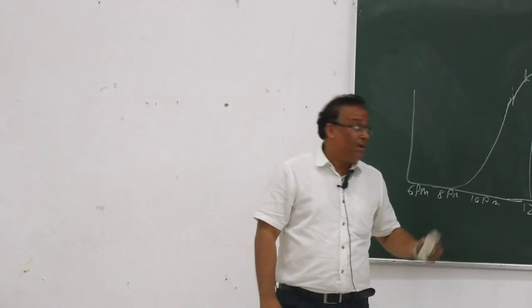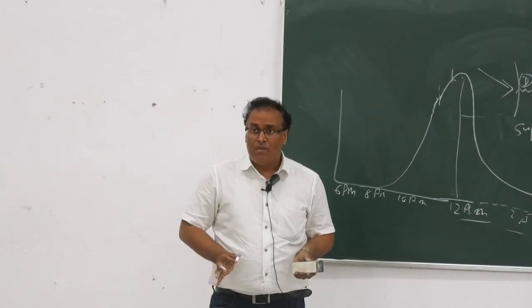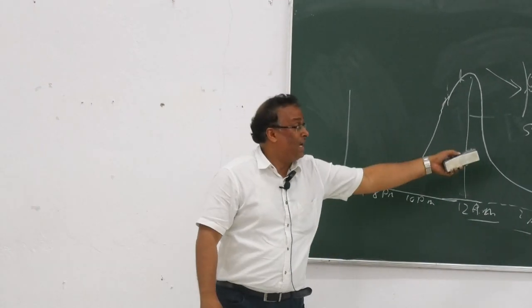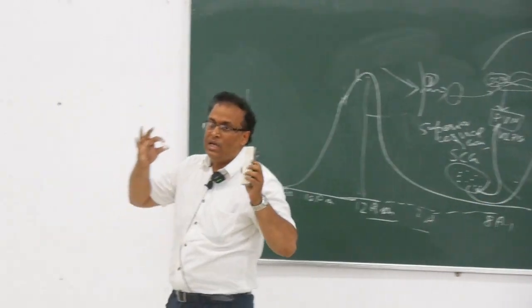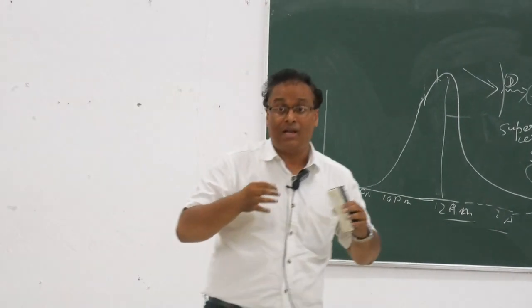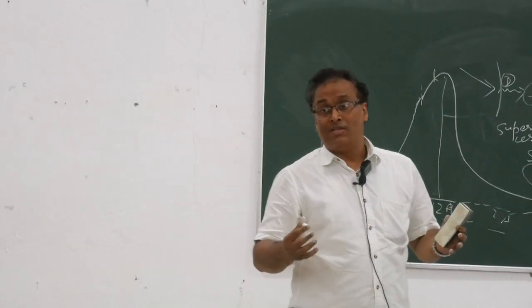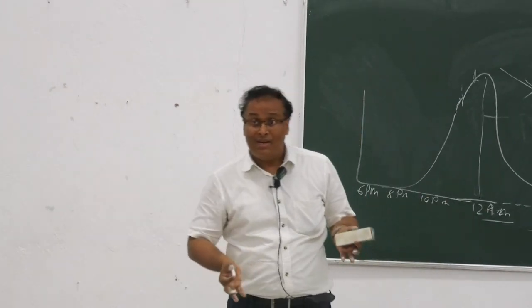But believe me, this cycle is always important for many neurotransmitters, mainly glutamate and GABA. Glutamate is excitatory, that is the daytime, and GABA is the night time.